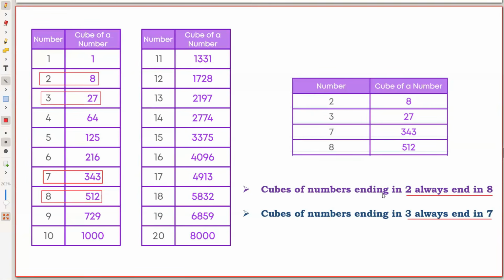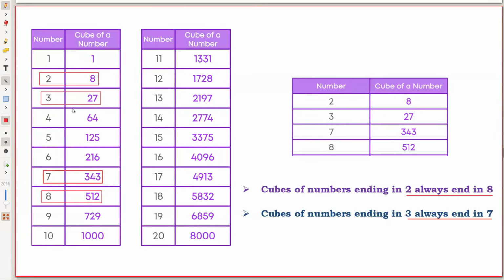The cube of a number ending in 2 always ends with 8. So 2 is ending with 8, 8 is ending with 2, 3 is ending with 7, 7 is ending with 3. We must know these ending digits for using the shortcut.